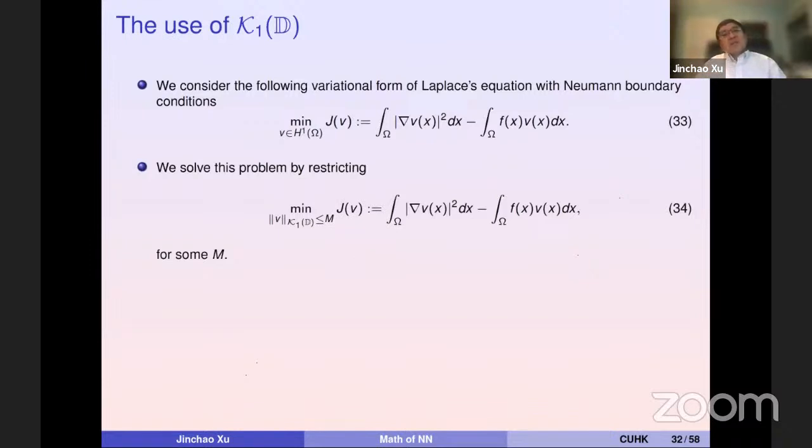This is one of those things for the PDE colleagues here: in the old days when you do the regularity theorem, you do the Sobolev spaces, and for this business, we need to do the regularity in this K1D space, or maybe the Barron space.